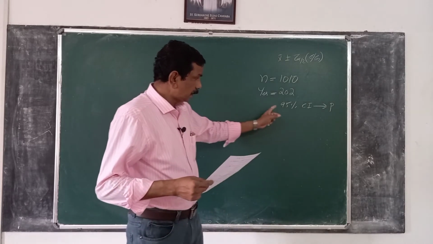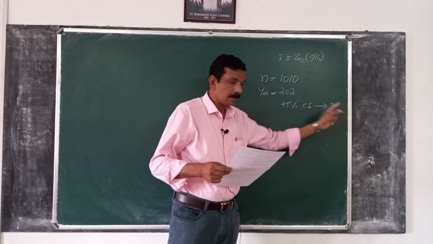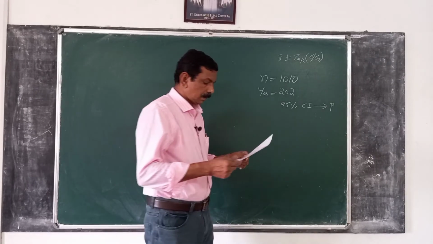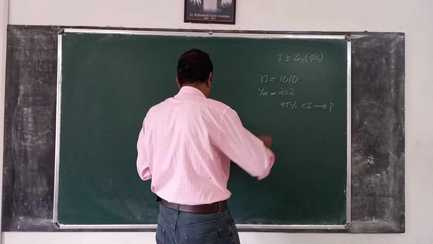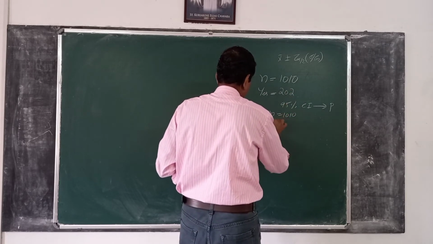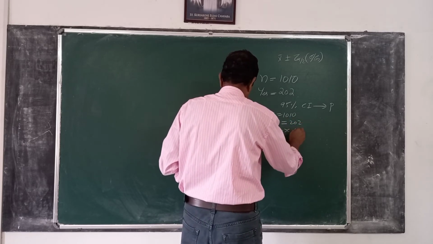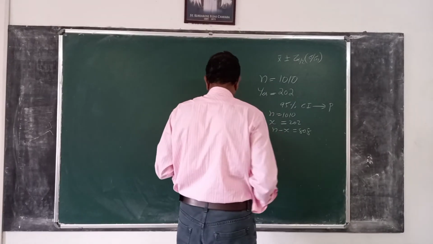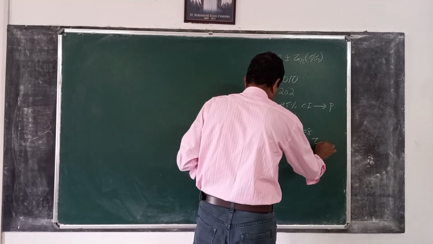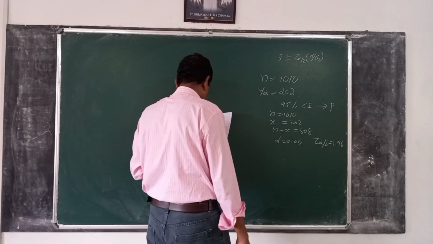That is, construct a 95% confidence interval for all the employees who play hockey. Now, n is 1010, x is 202, n minus x is 808. For alpha equal to 0.05, Z alpha by 2 is equal to 1.96. These are quantities familiar to us.